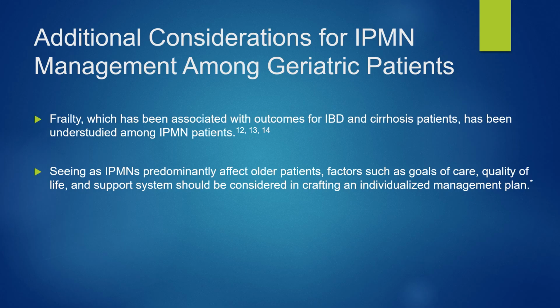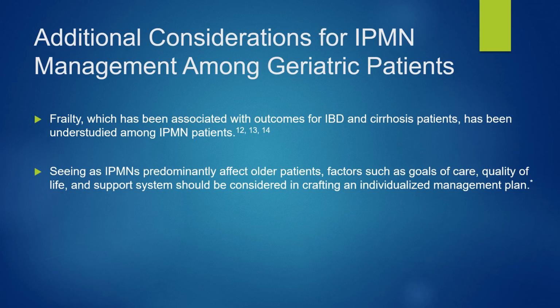Seeing as these frameworks have been applied in IBD and cirrhosis patients, I think that increasingly pancreatologists can take those frameworks into mind to think about how we best navigate decisions surrounding surveillance and interventions for patients with IPMNs.